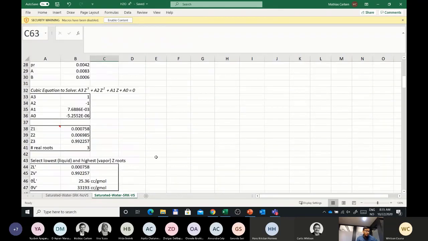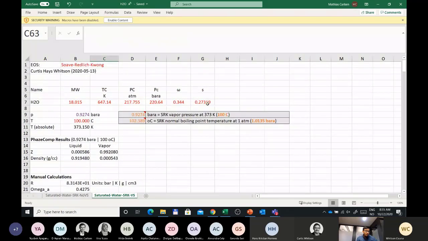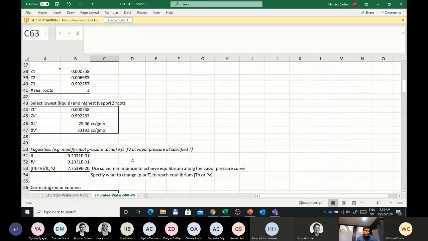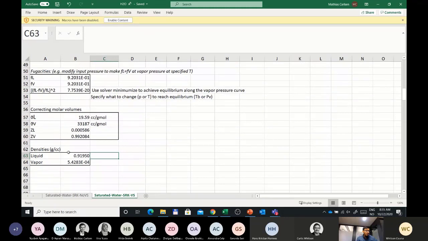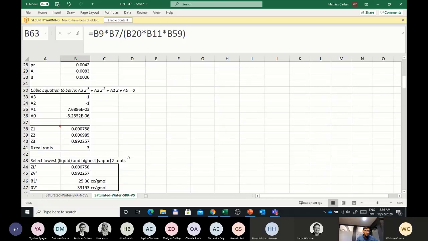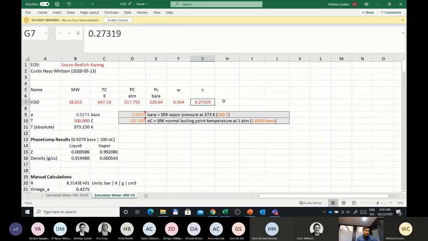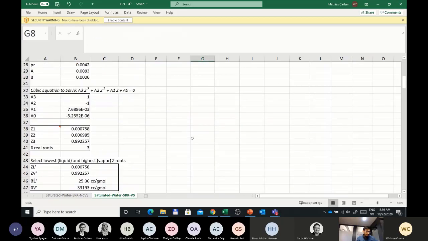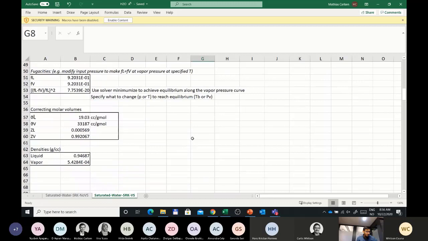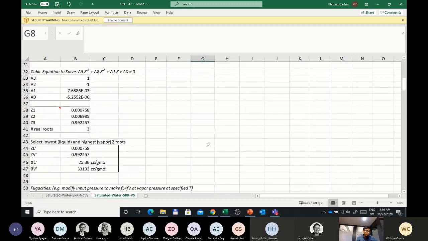And in fact, we can change this volume translation to exactly match the density of the liquid phase at these conditions, which we think is 1 gram per cc. So if I, for example, change it to 0.3, let's see what happens here. Yeah, so it's increasing, 0.94.